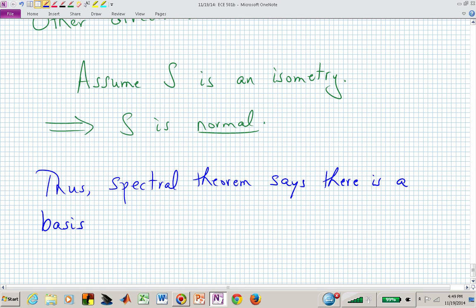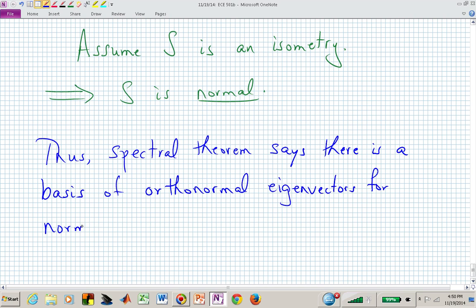Now our spectral theorem says there is a basis of orthonormal eigenvectors for that normal operator, or we can diagonalize that matrix.